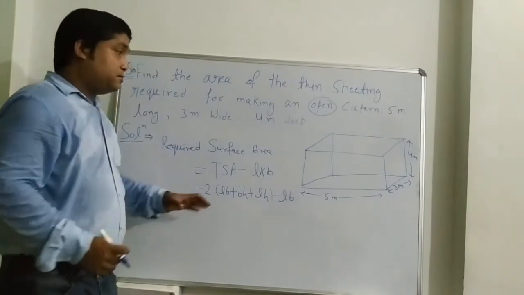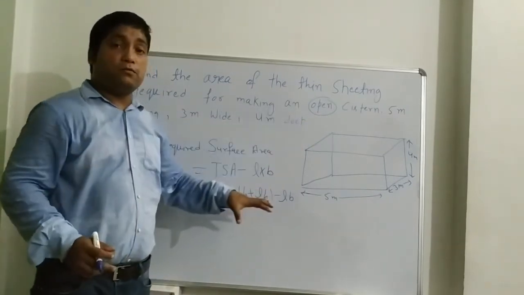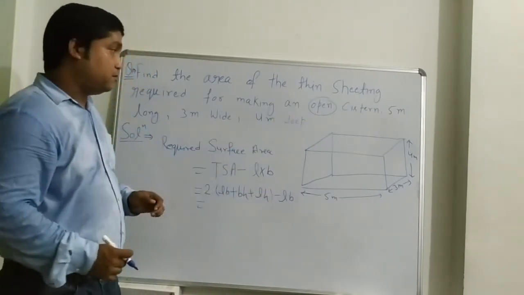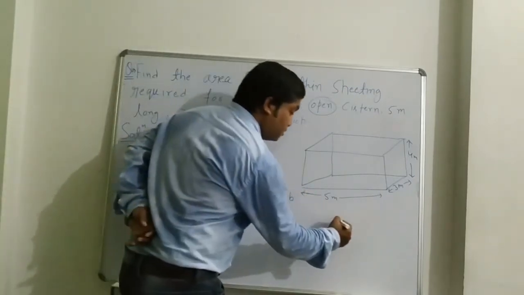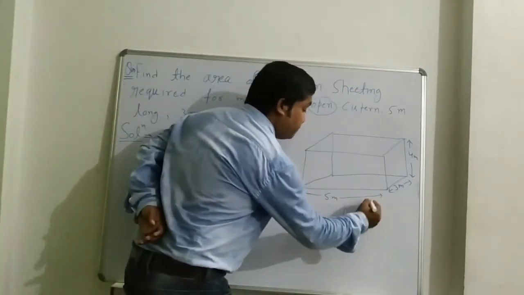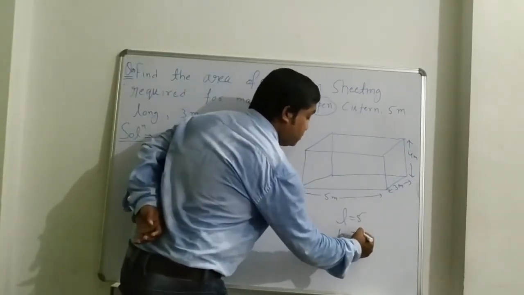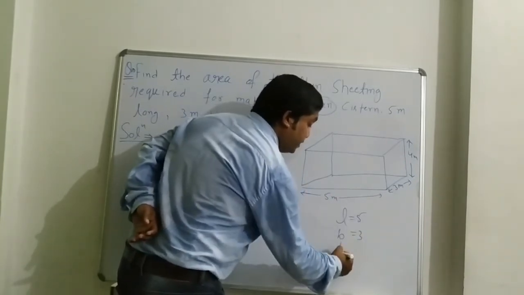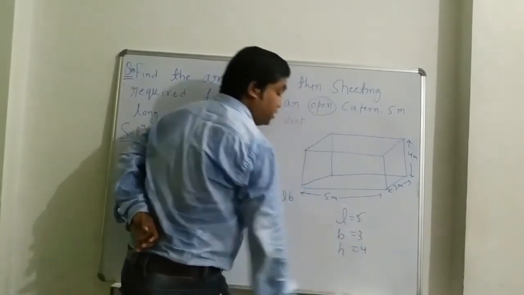On putting all the values that are given: length is equal to 5, breadth is equal to 3 and the height is equal to 4 meter.